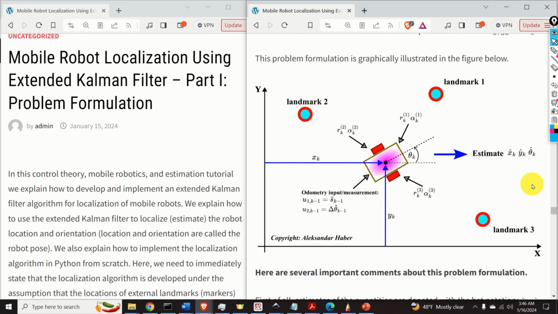In our second tutorial series, we will consider the case when the landmark measurement correspondence is not known, and in the third tutorial series, we will consider the case when both the landmark locations and their measurement correspondence are not known. Don't be confused if you currently don't understand what is a landmark or what is a landmark measurement correspondence. These terms will be explained in this tutorial series.